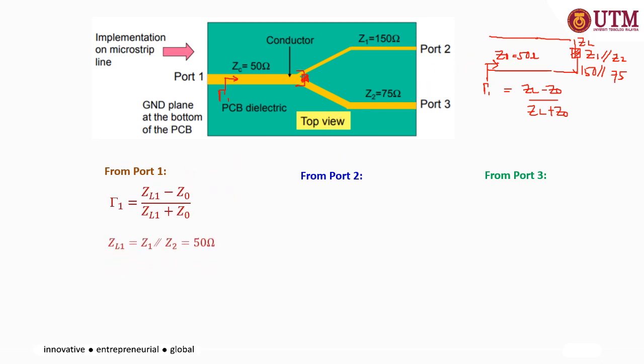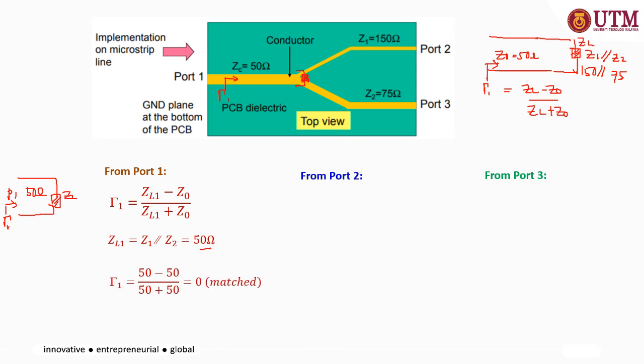From there, 150 in parallel to 75 ohm equals 50. So your ZL equals 50 ohm for port 1, and 50 ohm is the line impedance, right?